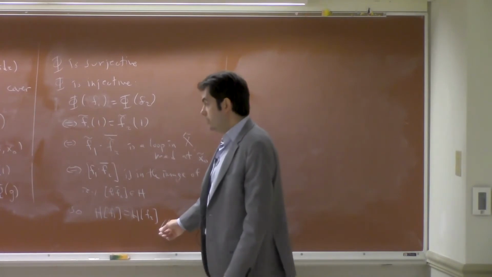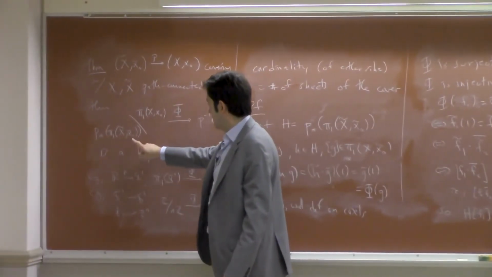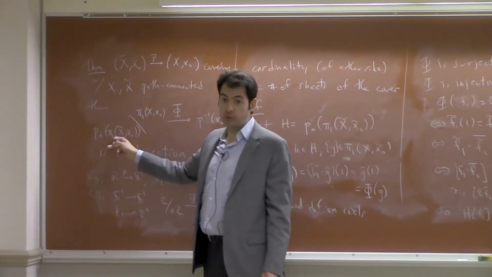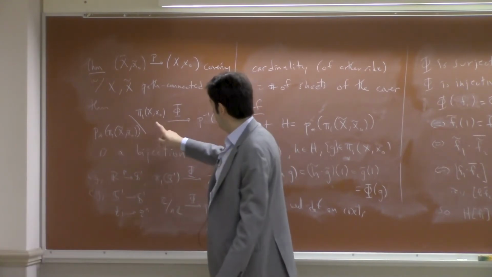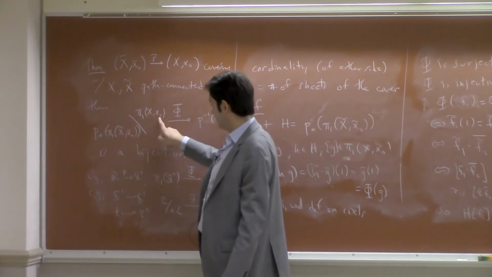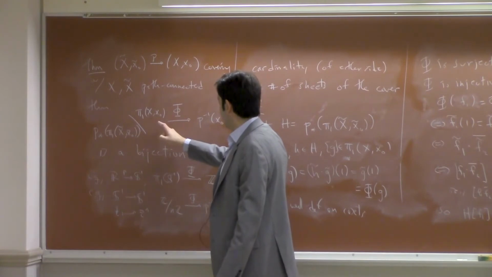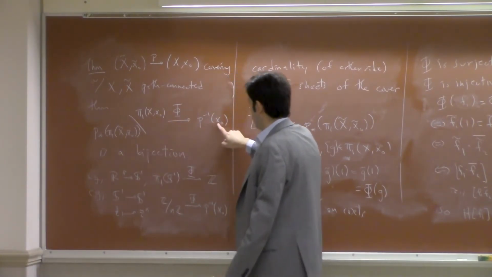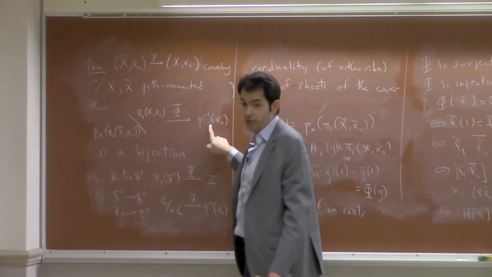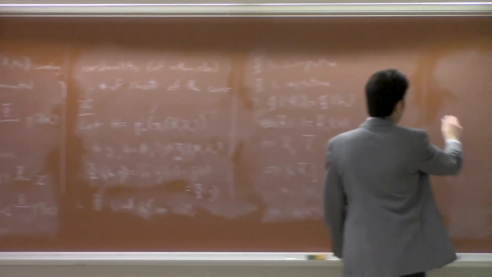Okay, so this suggests that something special happens when this group is trivial, right? Because then these cosets are the same as the group itself, and so the group is in bijection with the inverse image of the base point. So we give those covering spaces a name.